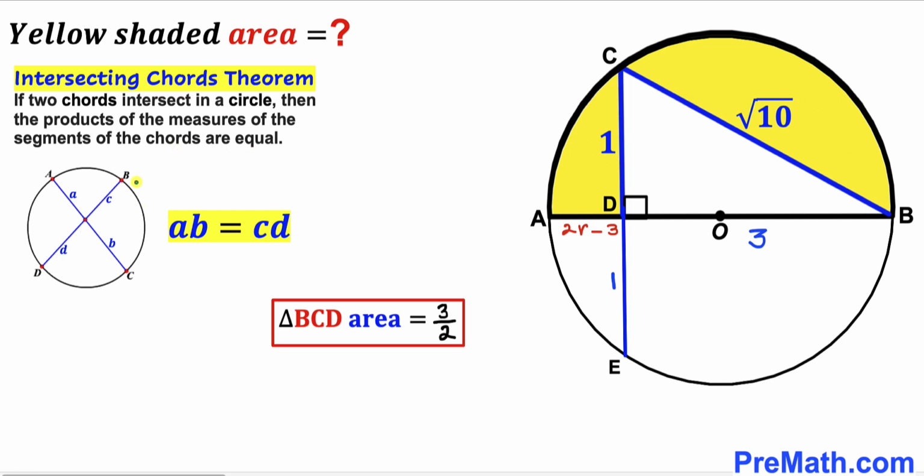Here we got these two chords BD and AC, and they intersect each other.